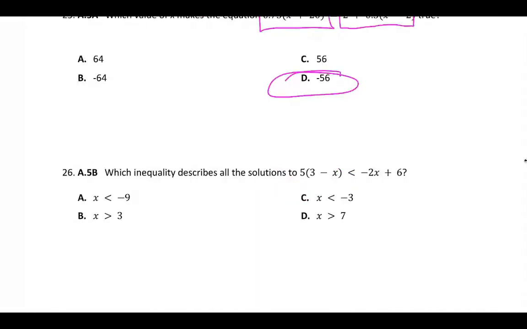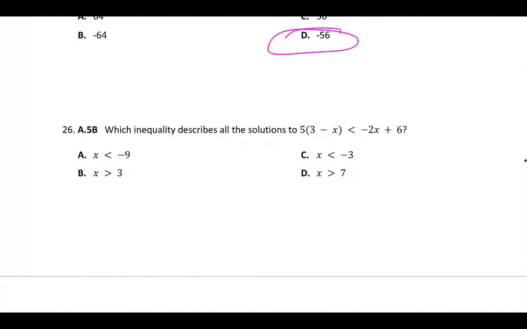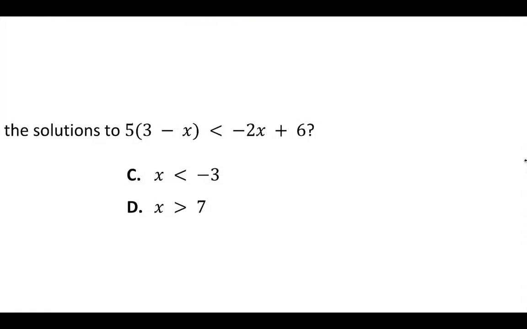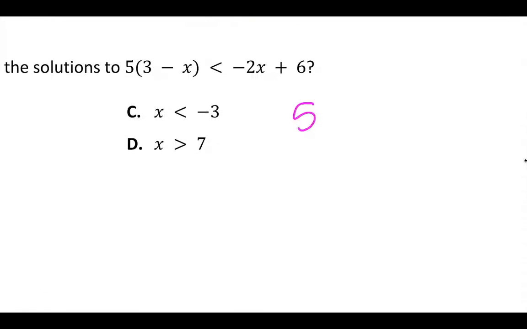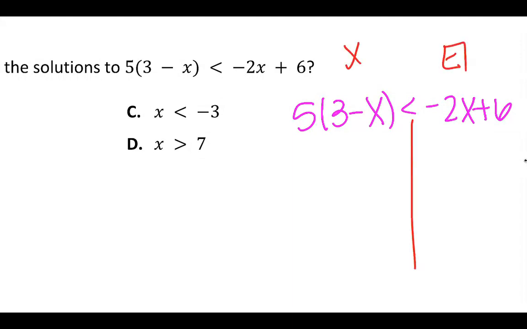Okay. This guy, it's an inequality, so I've got to solve it. This x less than -2x plus 6. I'm going to get x's on one side, everything else on the other.